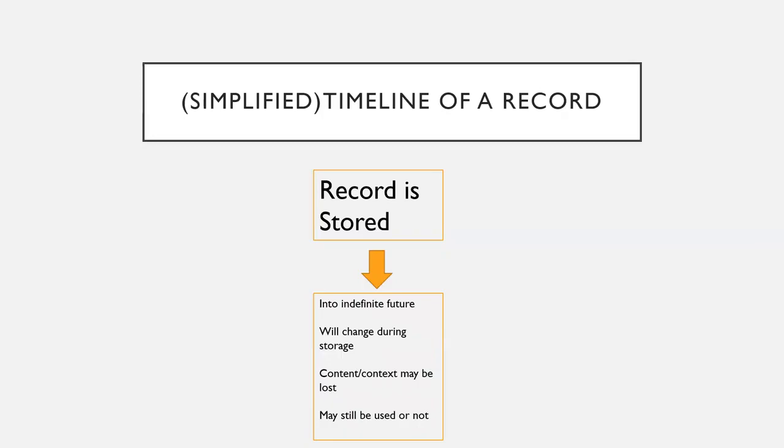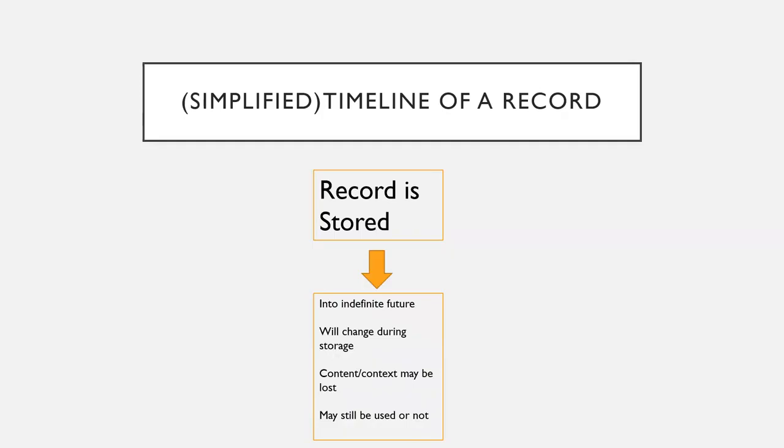And there may be the loss of the records as well. So if records aren't stored properly, then the content or the context of the records may be lost. There may be some kind of fire, heaven forbid, that can destroy the records. The records may be in a climate that results in them decaying rapidly, and content and context of the records can be lost in that way.